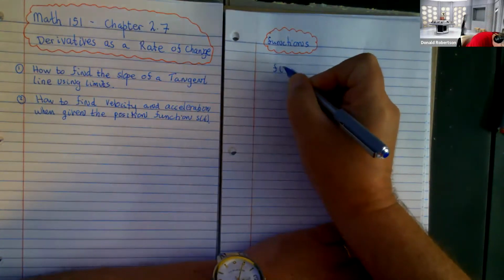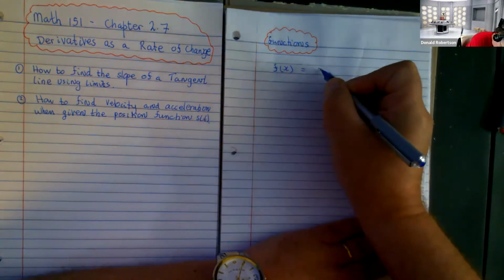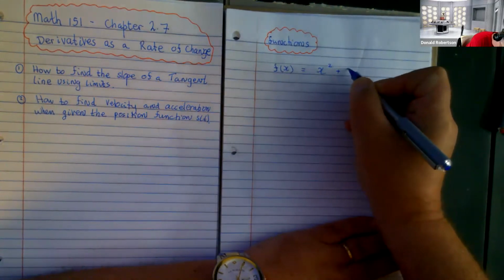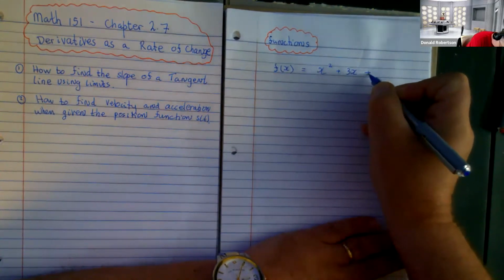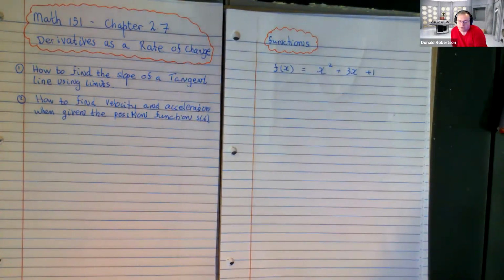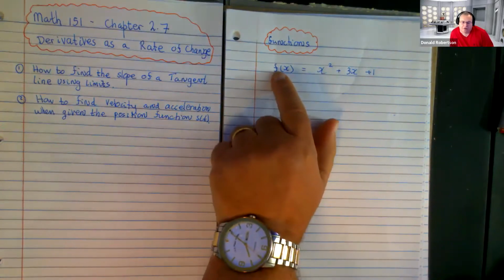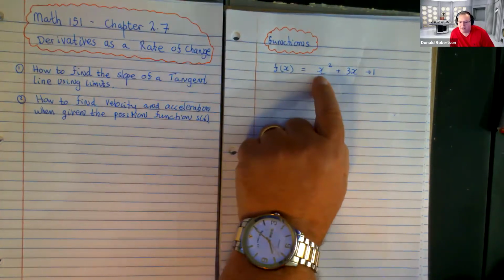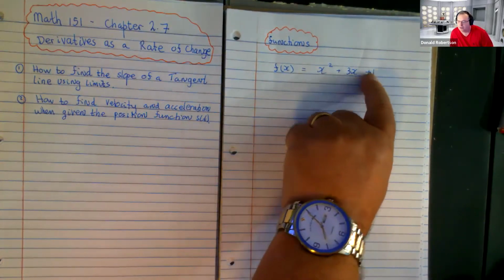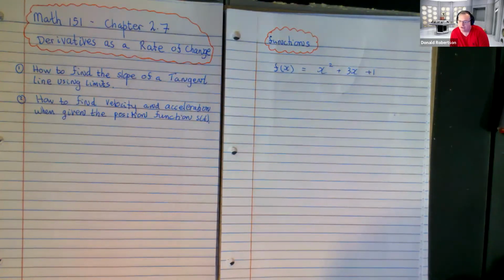So imagine I have a function, and I'm going to make my life pretty easy. I'm not picking anything particularly ugly. We call that function notation. You would read that out loud as f of x is x squared plus 3x plus 1, right? That's a function.